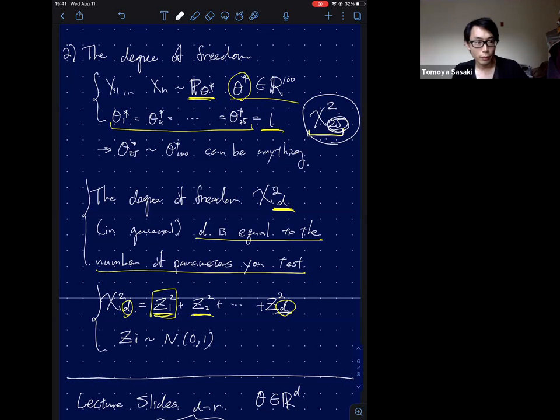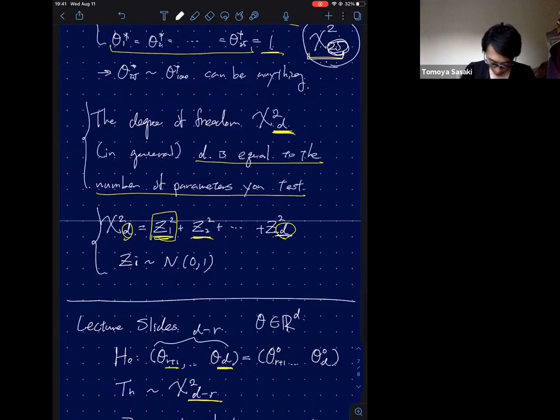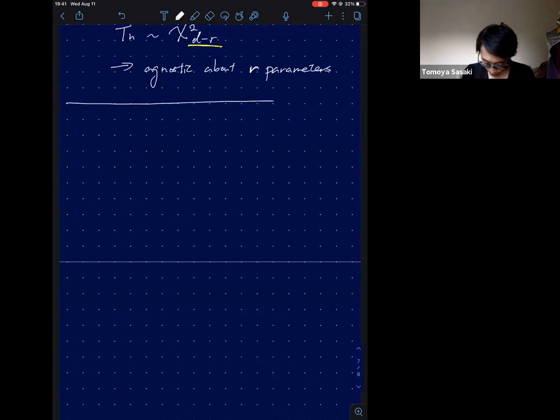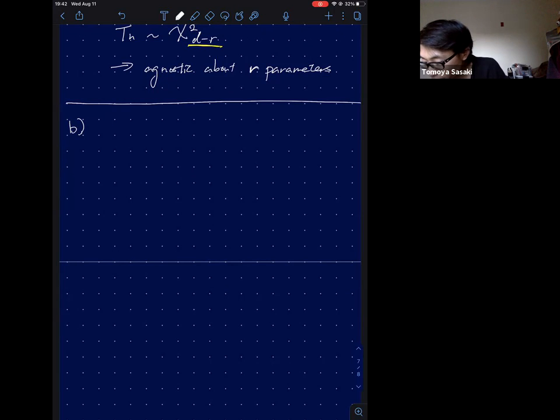So let's go to part B. We're interested in MLE and the normal distribution. I'm going to cheat a little bit, and I've already computed this, so I'm not going to do the whole derivation, but if you have any questions, I'm happy to do that.